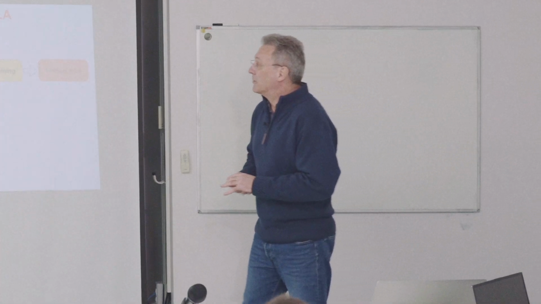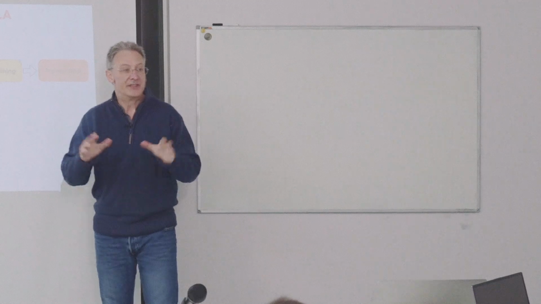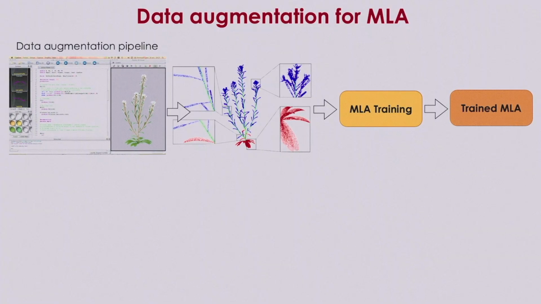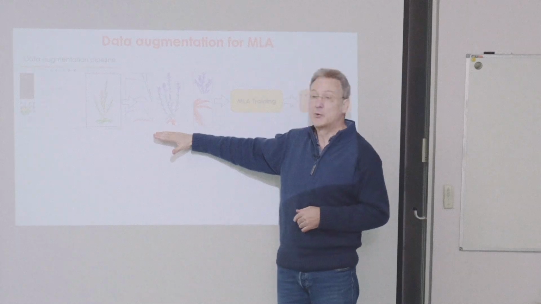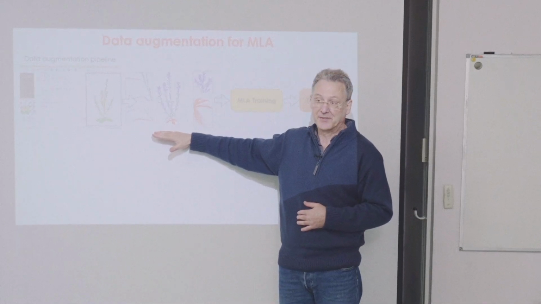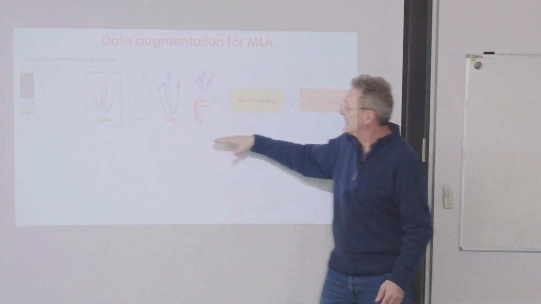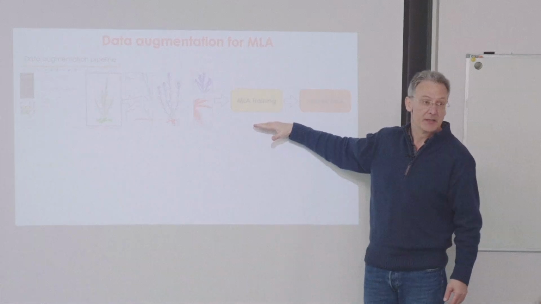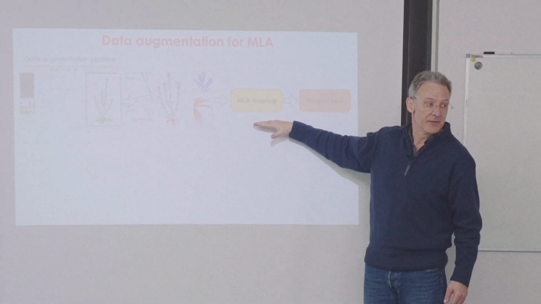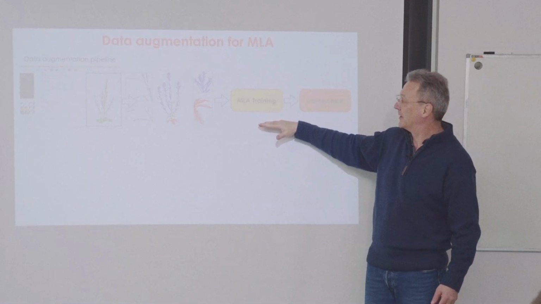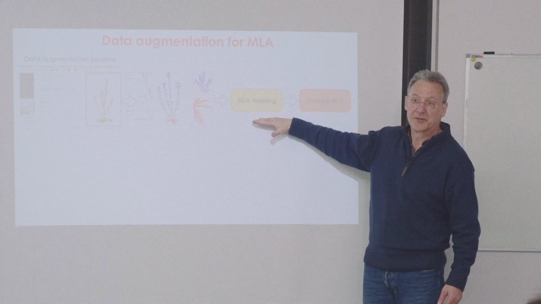So what we want to do in the context of such a phenotyping approach is to use a virtual pipeline where we would produce the virtual plant in the computer. Then we would create point clouds out of these virtual plants. So this would be virtual point clouds. Then we would use training algorithms in the context of this machine learning construction process.